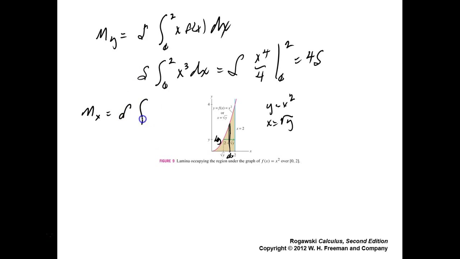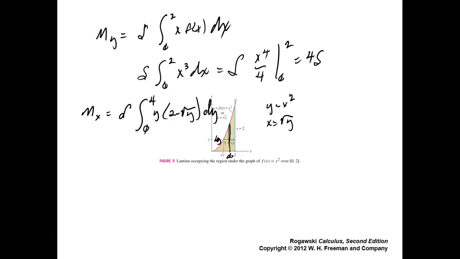It's your delta. Now this time the y is going 0 to 4, and y is the distance from the x-axis, and your function value is 2 minus square root of y, and then your thickness is dy.